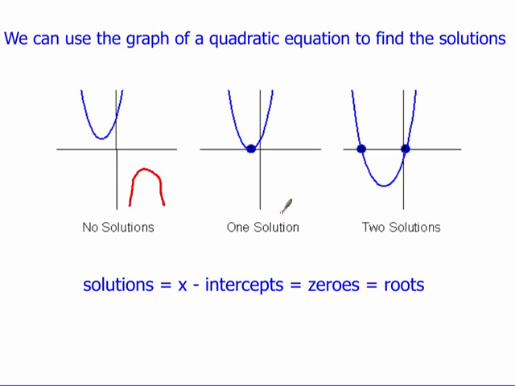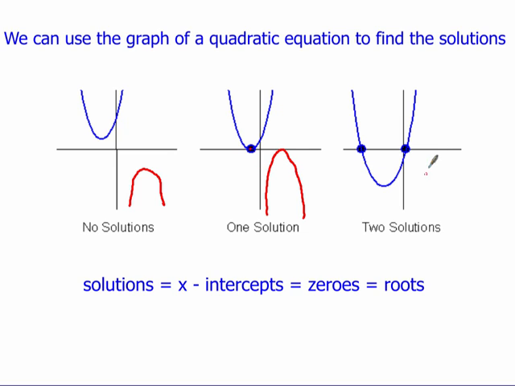All right, it could have one solution, meaning it touches the x-axis at exactly 1 point. Okay, and if it happens to have one solution, the solution is also the vertex. So there's an upwards opening one, here's a downwards opening one that both have exactly one solution because they touch the x-axis exactly once.